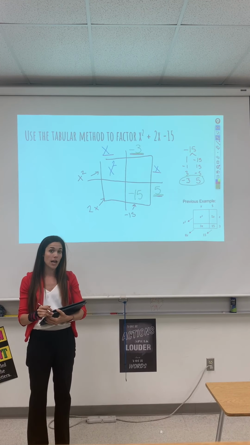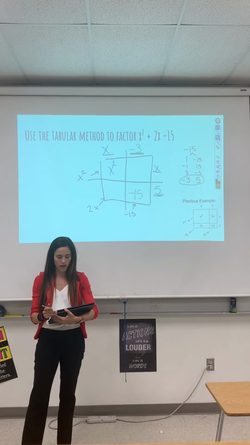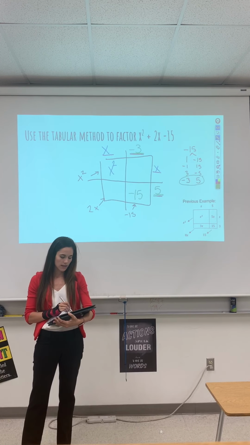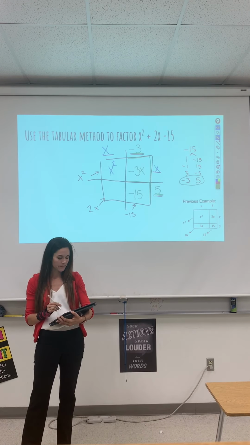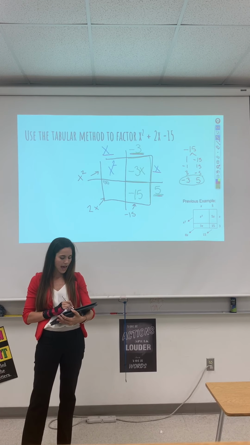So I'm going to put negative 3 on one side and 5 on the other. Let's double check to make sure that we have the correct partial products. Negative 3 times x is negative 3x. Negative 3 times 5 really is negative 15. And lastly, x times 5 is 5x. Reevaluating our diagonals, x squared remains x squared.